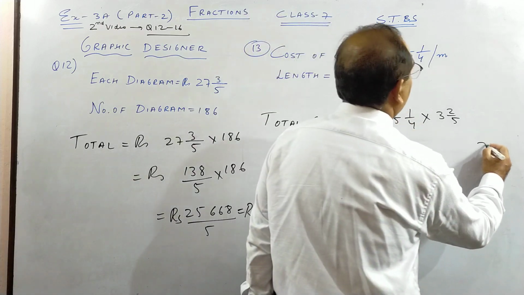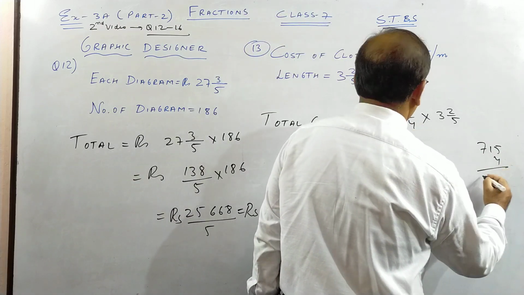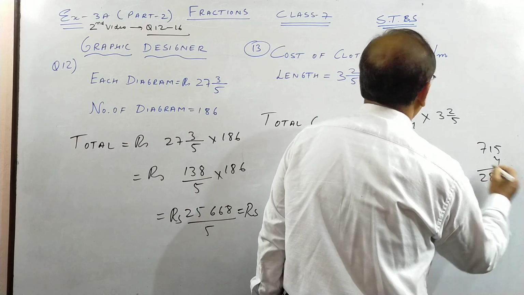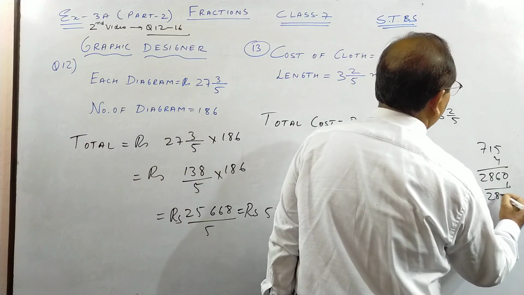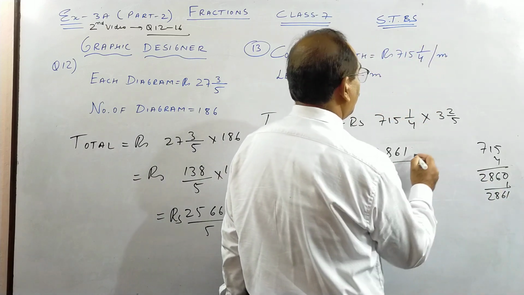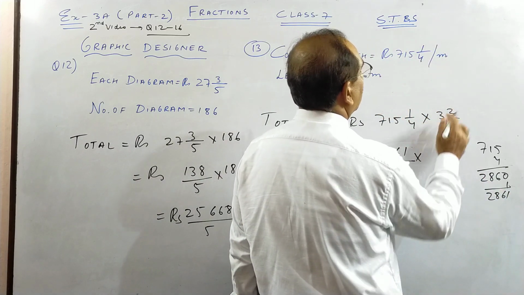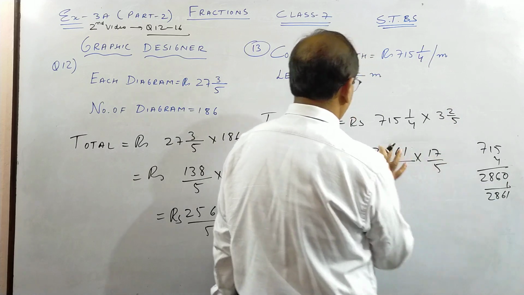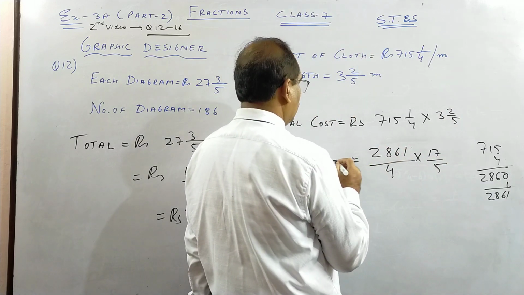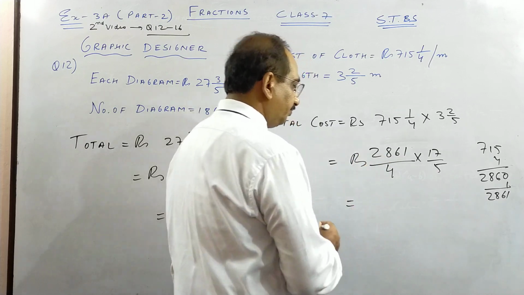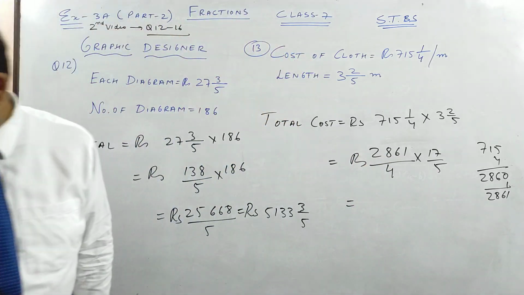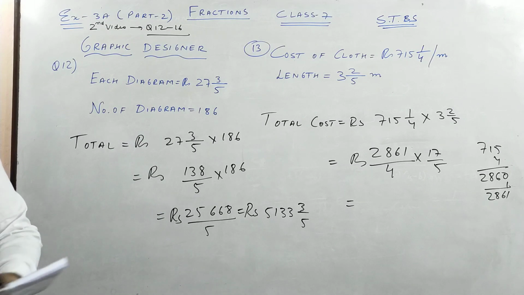So if you multiply this, children, you will get this, and adding 1, this into this plus this, you will get this upon 4 into 5, 3 5s are 15 plus 2, 17 by 5. This many rupees you will get. Again, to save your time, I have done this for you.